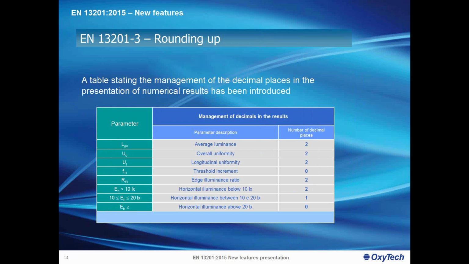For example, some software were considering the average luminance with a single decimal, and others with 2 decimals. So in some cases, when we were at the border of the limits about the values, with the roundings, one calculation was in, but the same calculation performed with a different software was out.